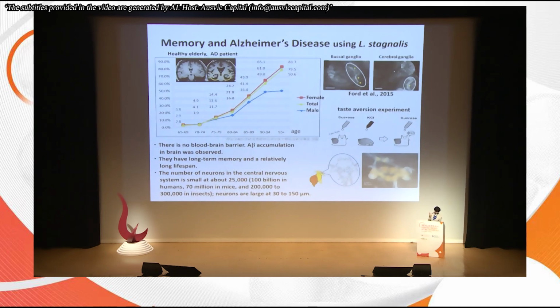For the other one, Alzheimer's disease, you may be worried, but this snail has quite good long-term memory, and there's no blood-brain barrier. So if you apply amyloid beta, for example, near the foot, it goes into the brain very quickly. And we are doing a taste aversion experiment.